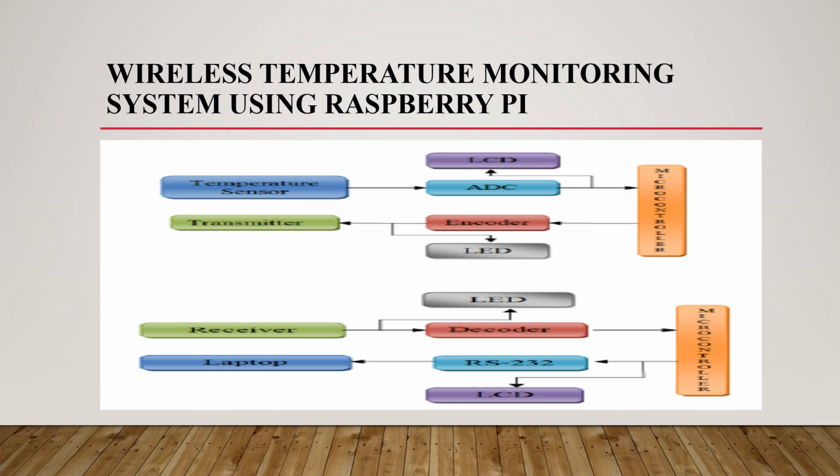The encoder is connected to the transmitter, which is in turn connected to the LED, which is in turn connected to the microcontroller for the software simulation, which is connected to the ADC, that is analog to digital converter, which is in turn connected to the temperature sensor, and the ADC is also connected to the LCD. We have a decoder which is connected to the LED and which is also connected to the receiver. We have RS-232, which is connected to the receiver and to the laptop, which is also connected to the microcontroller and in turn connected to the LCD.